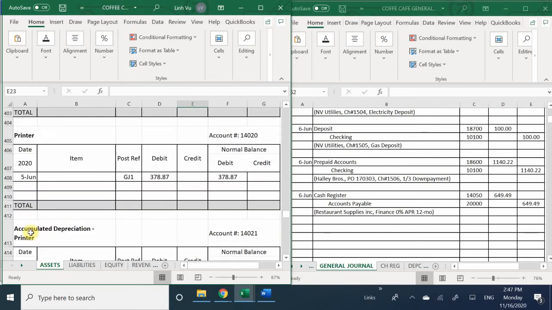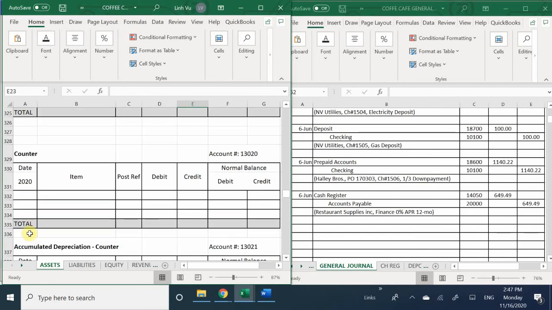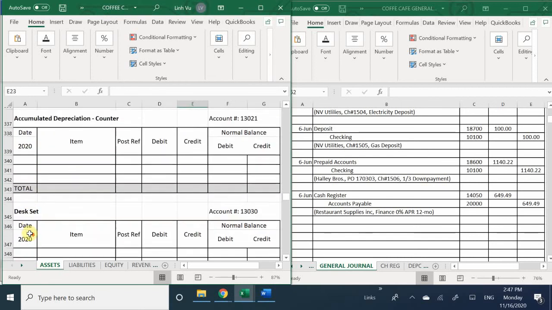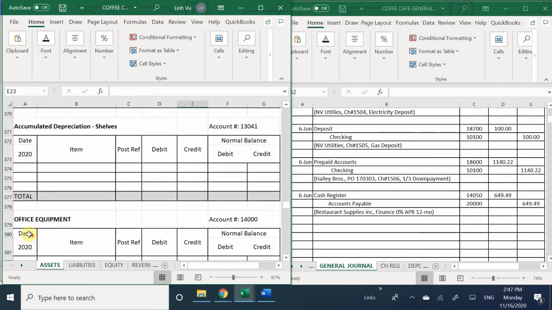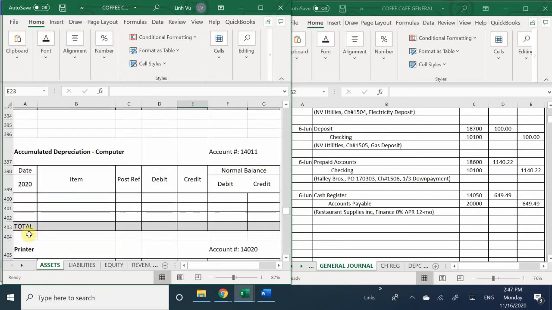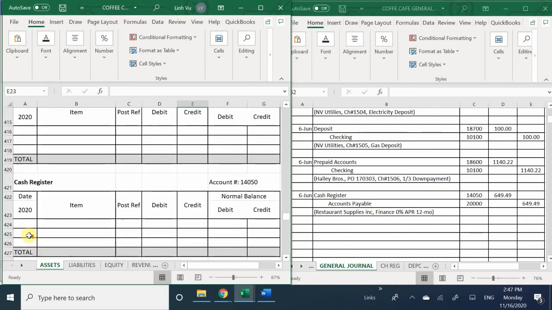So, I passed it already, so I'm going to search for it. Here's office equipment. I have my computer, my printer, and here you go, my cash register. So 6/6. Okay, same thing.